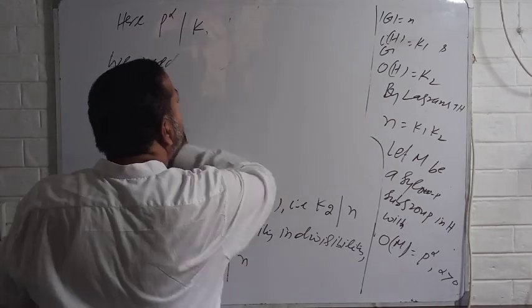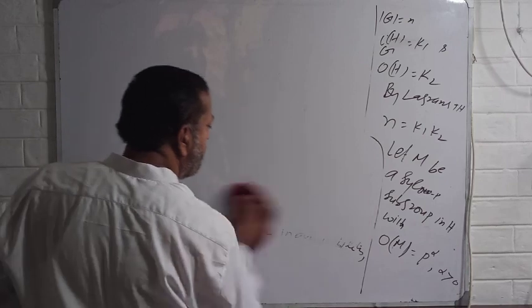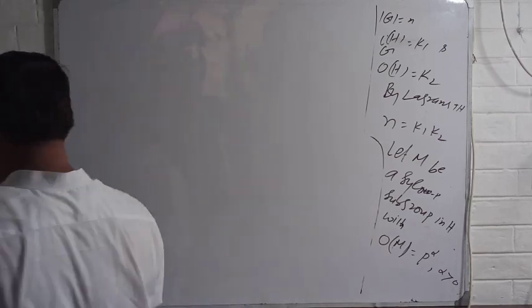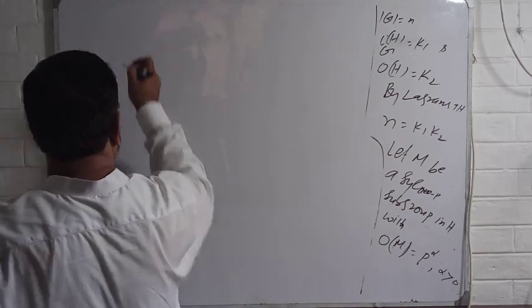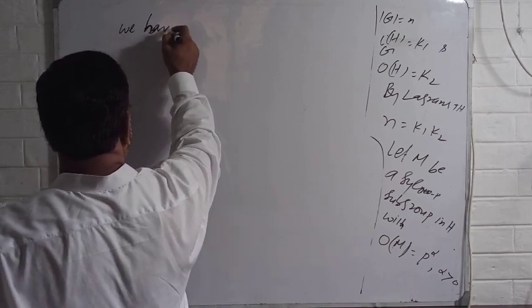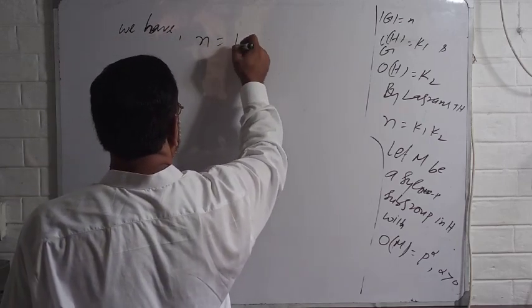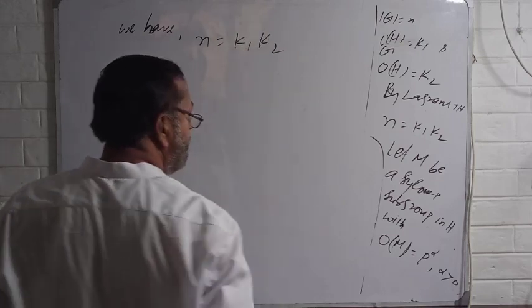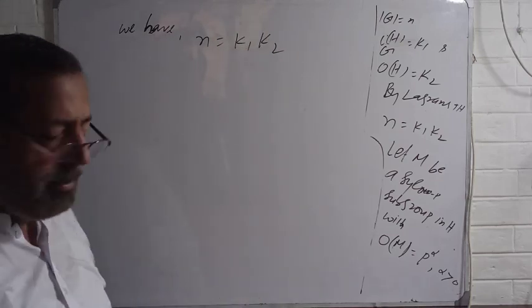Okay, see that we have n is equal to K1 K2.